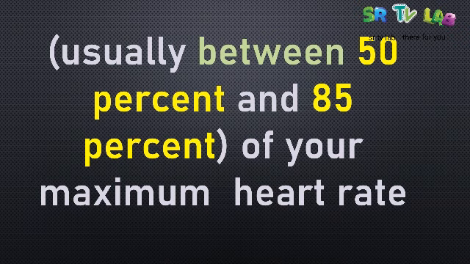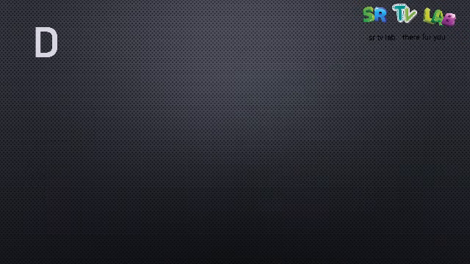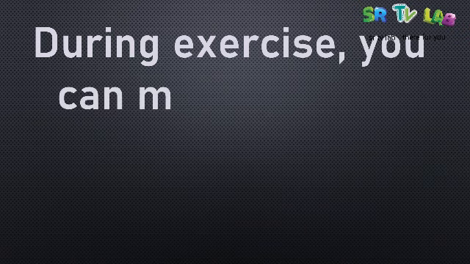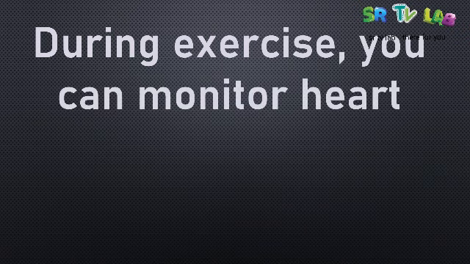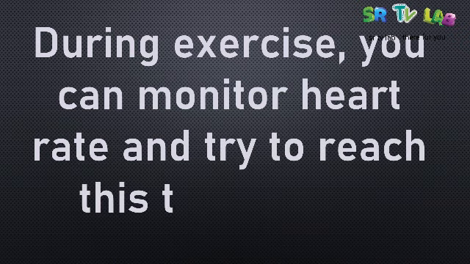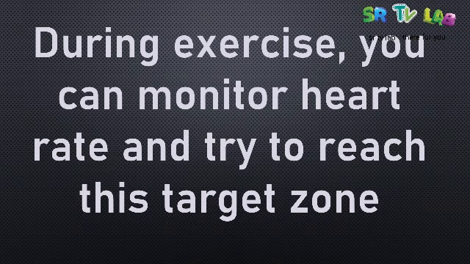As for the target heart rate, there is a range. So when you are doing exercise, you can monitor your heart rate and try your best to reach your target zone or your target heart rate.